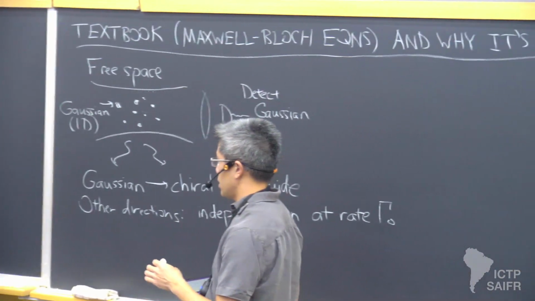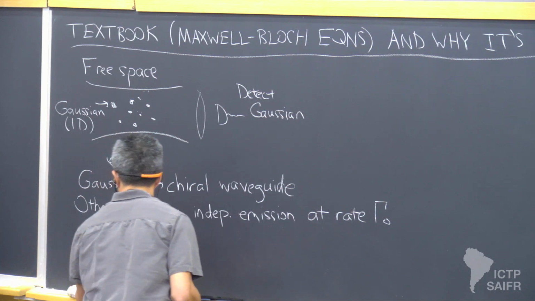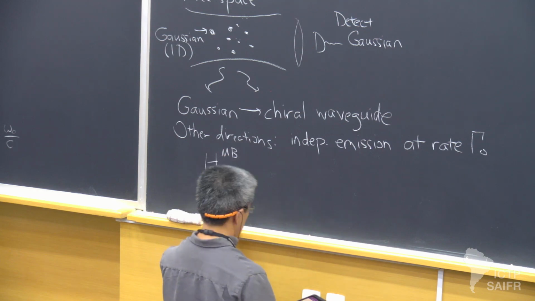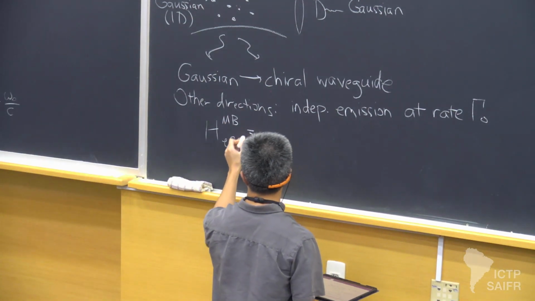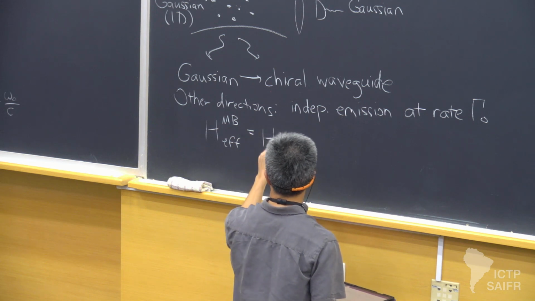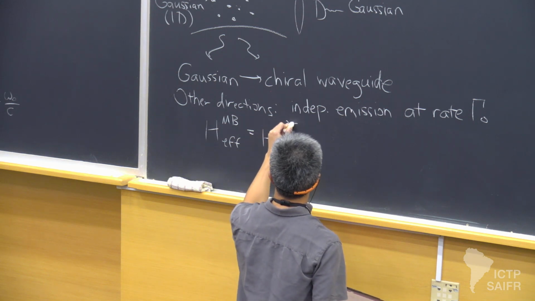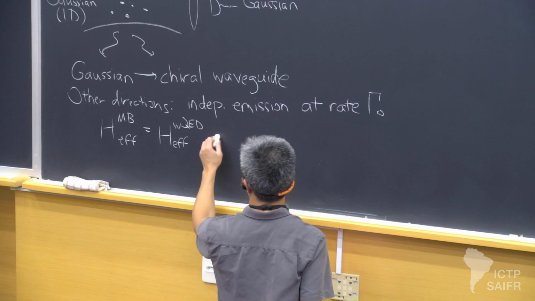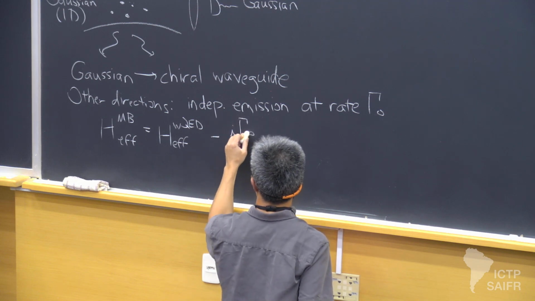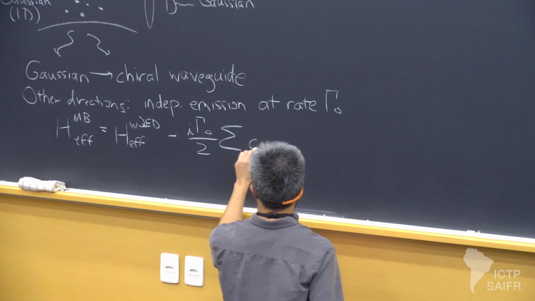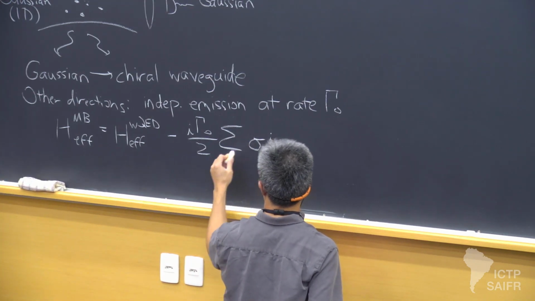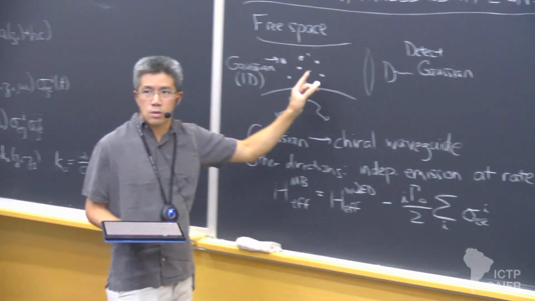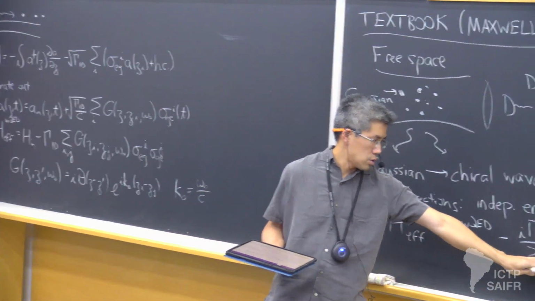So then, effectively, it turns out that the effective Hamiltonian for the Maxwell-Bloch equations is exactly the same as that of chiral waveguide QED, plus this one extra term. It attempts to model the kind of additional emission into 4 pi. Okay, so this is a non-Hermitian or anti-Hermitian term.